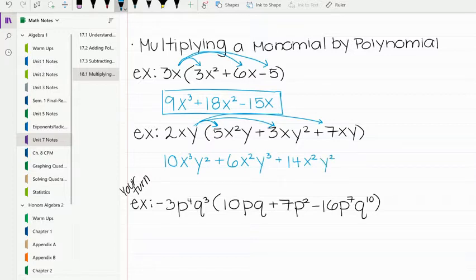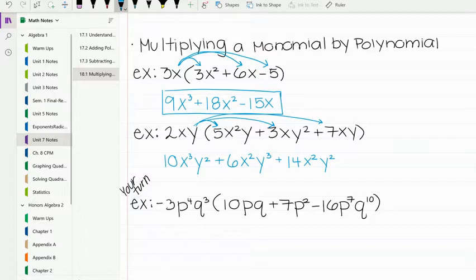So we just want to make sure that this is in standard form. So it looks like the first term has a degree of 5, and so does the second, and then the third one has a degree of 4. So as far as ordering whether we put the 10 or the 6 first, we actually are going to leave it as is because the exponent for the x is higher in the first one than the second.